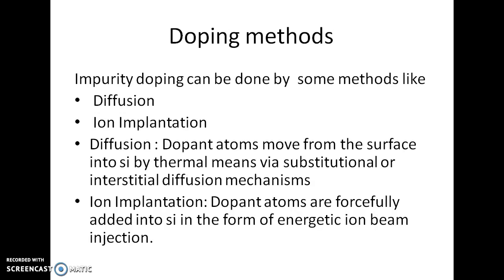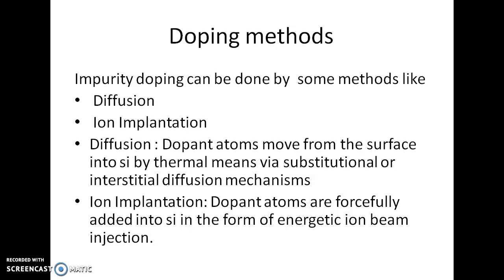So first of all, what is diffusion? Diffusion is movement of particles from higher concentration to lower concentration, in which dopant atoms move from the surface into silicon by thermal means via substitutional or interstitial diffusion mechanisms.